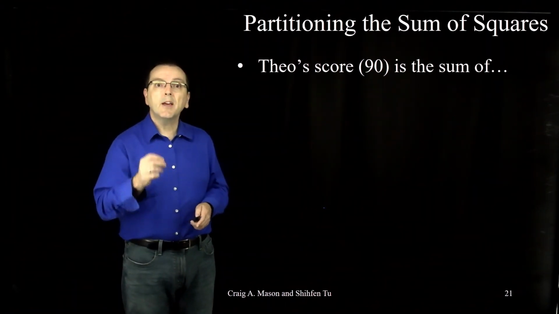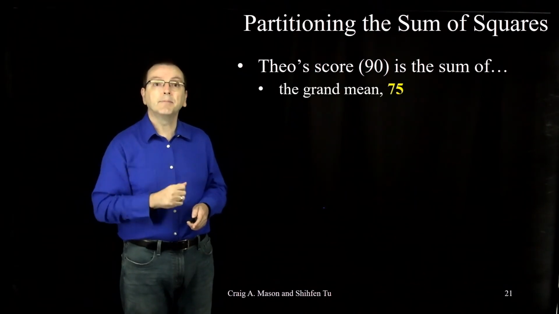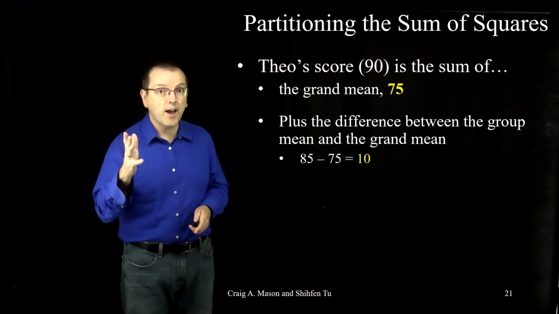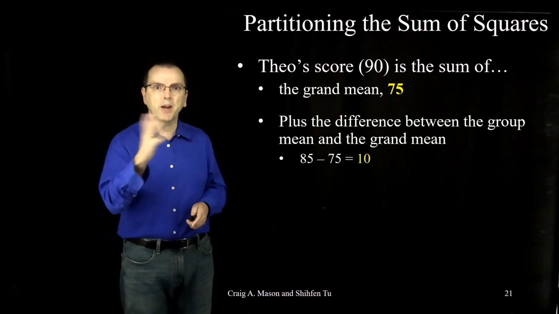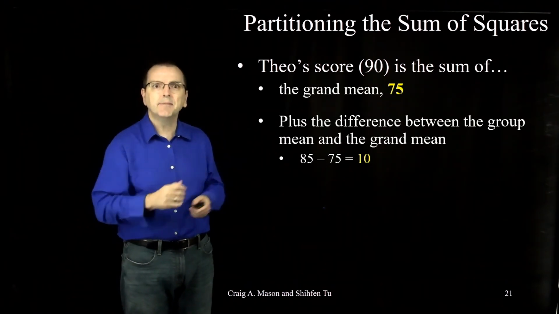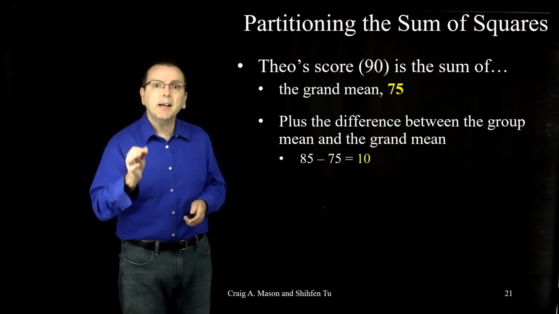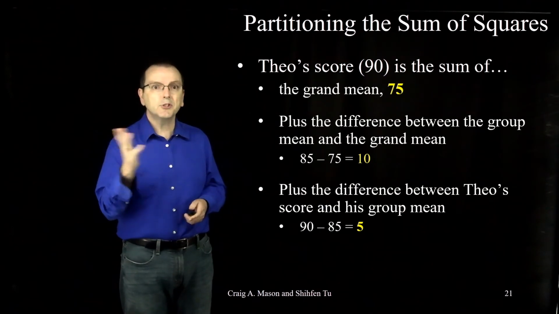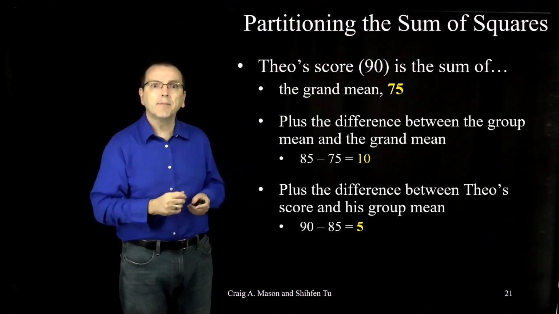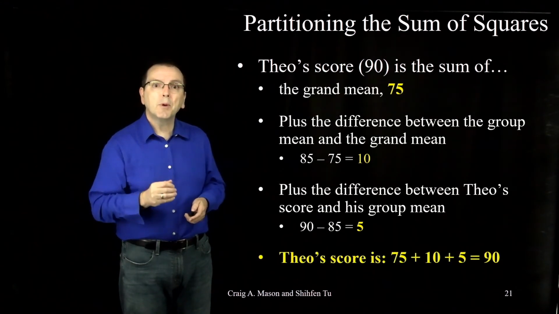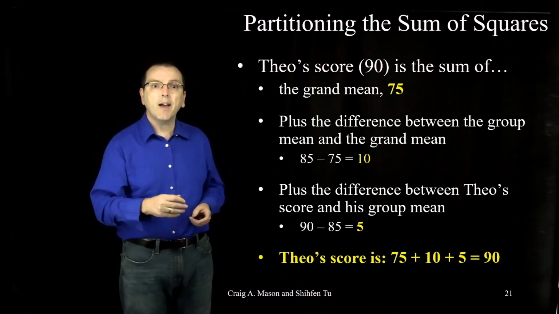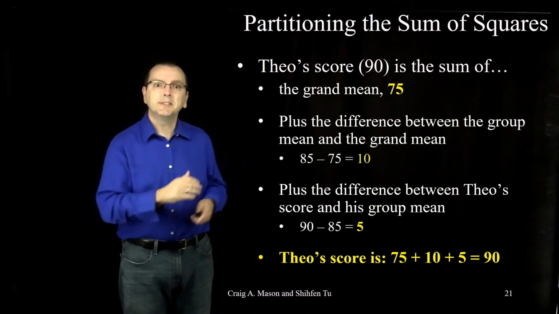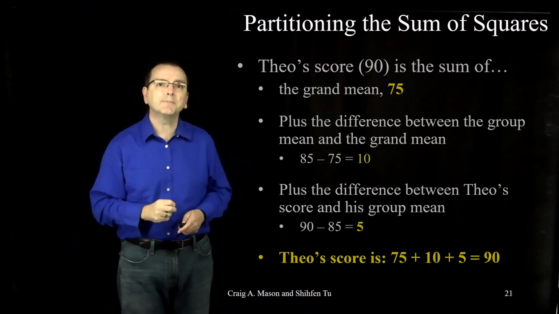So this is the sum of the grand mean, which was 75, plus the difference between the group mean, which was 85, and the grand mean of 75. So 85 minus 75 is 10, plus the difference between Theo's score of 90 and his group mean of 85, which is 90 minus 85, or 5. We add these up and we get 75 plus 10 plus 5, or 90, which was Theo's score. See that? We've broken it into 3 different parts.